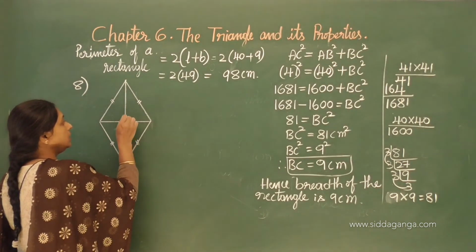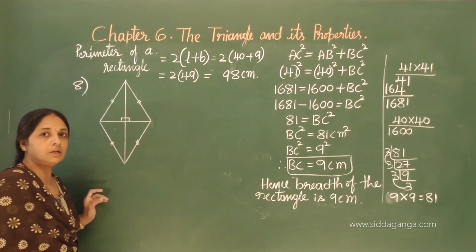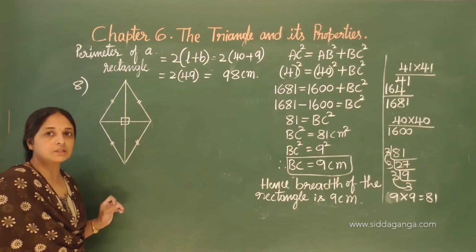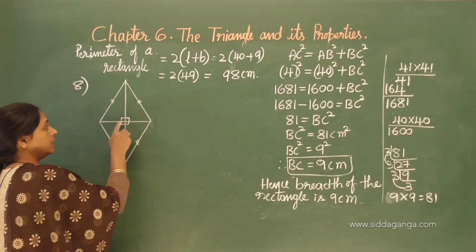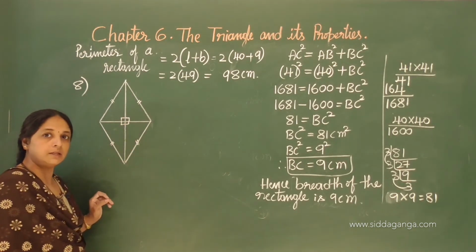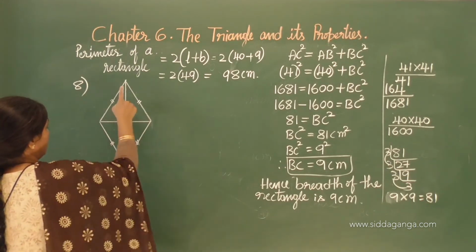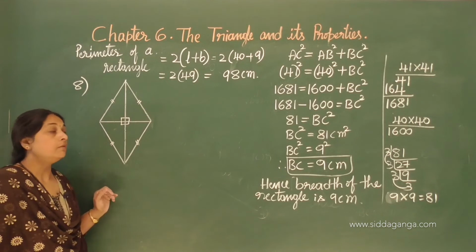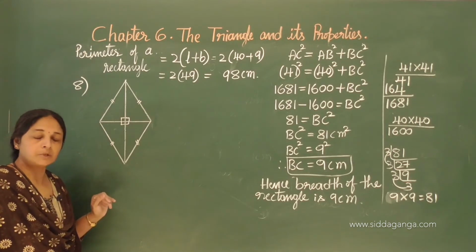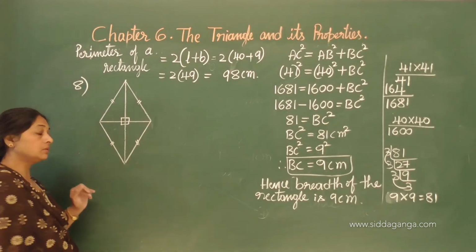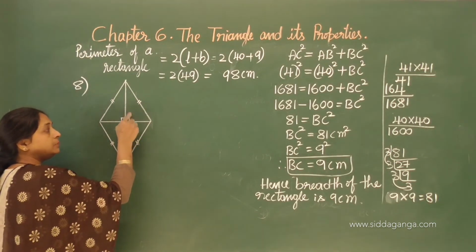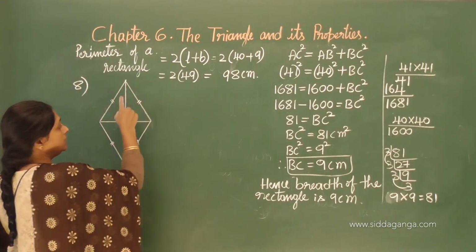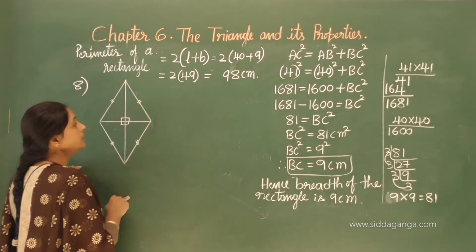If they meet perpendicular to each other, then it makes 90 degree at all the angles. And in a rhombus, when the diagonals meet perpendicular to each other, they cut the diagonals into equal parts.